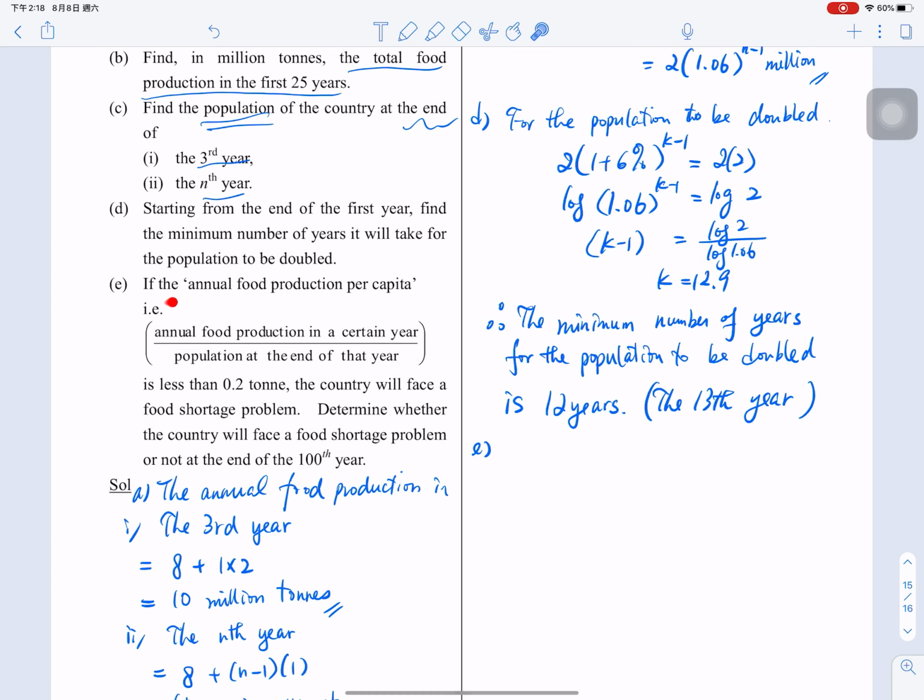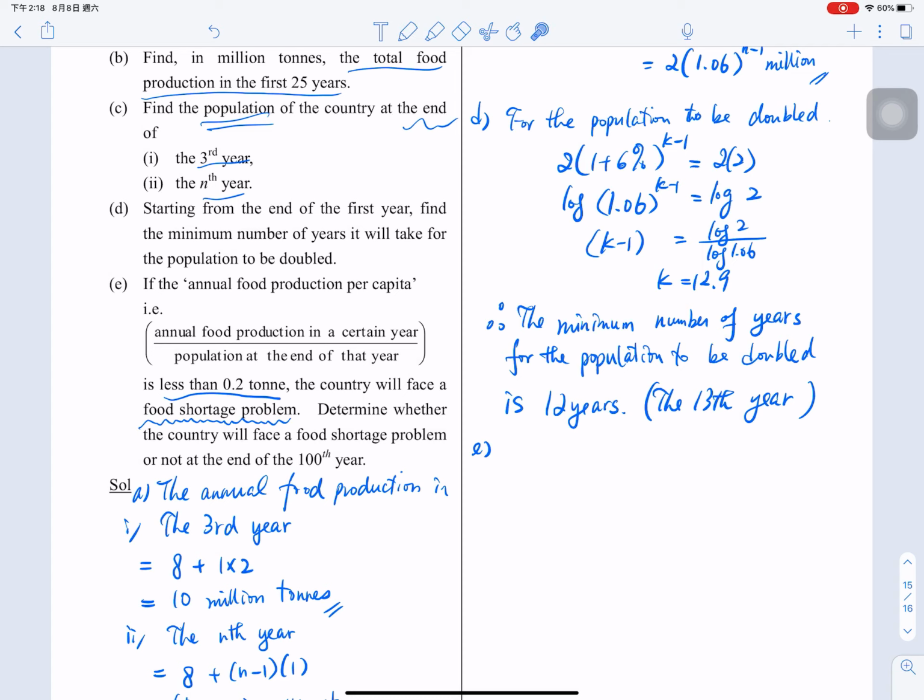Have a look. If the annual food production per capita, that means here, annual food production in a certain year over population at the end of that year is less than 0.2 tons, the country will face a food shortage problem.